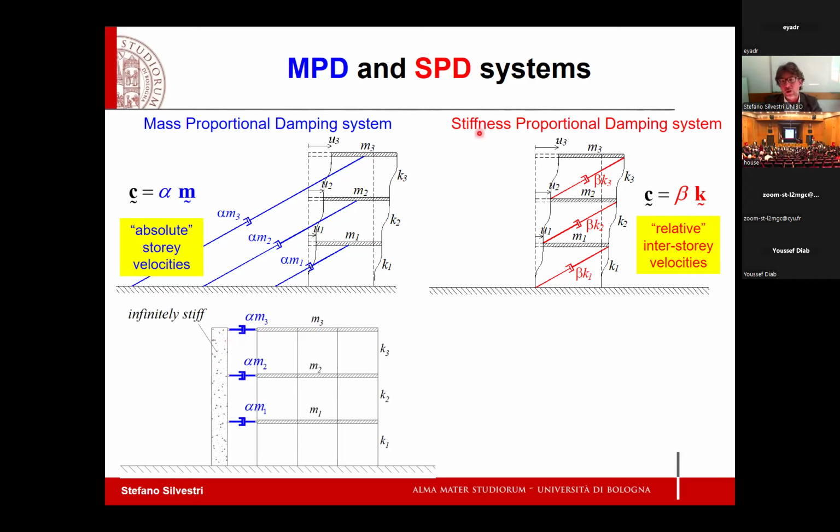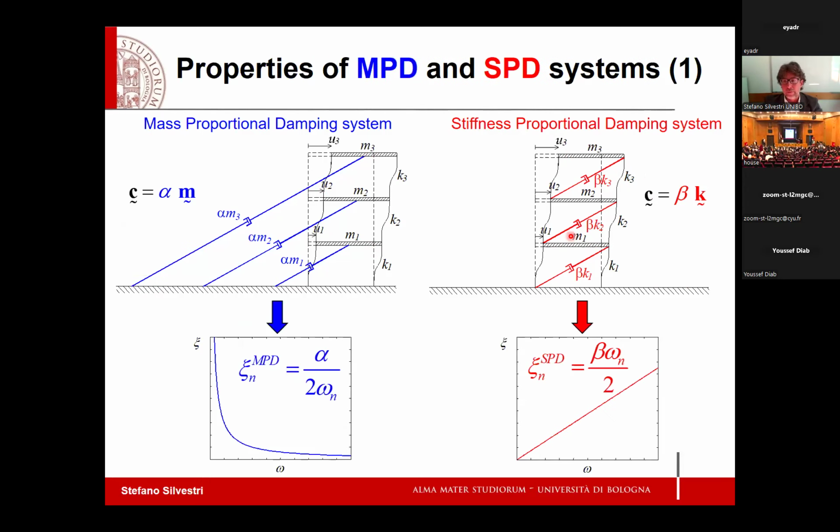Okay, and on the other side, we do have stiffness proportional damping system, which sees dampers that work with relative interstory velocities.